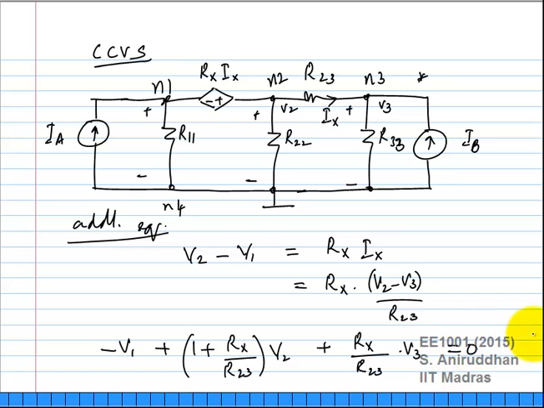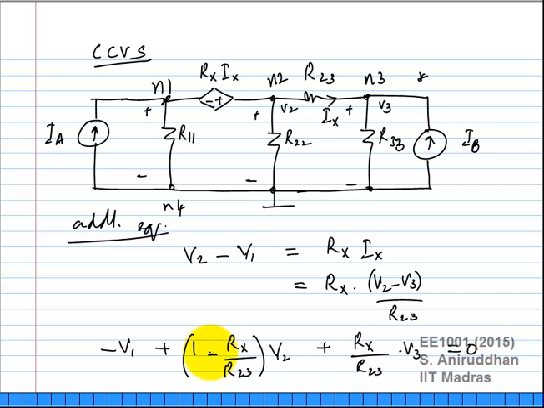Sorry? Oh yeah, of course. Thank you. Minus V1 plus 1 plus Rx by R23 times V2 minus Rx by R23 times V3 is 0. So this is what you would concatenate with the conductance matrix. This is again a linear combination of V1, V2, V3. On the right hand side you will have 0. Any questions?